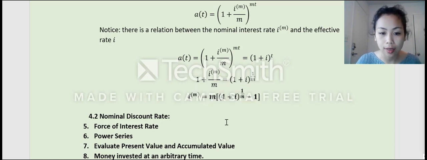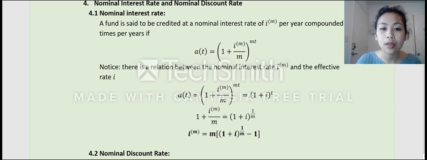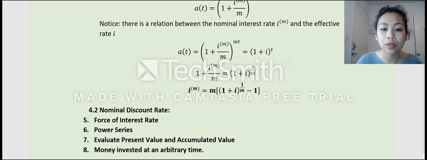Next, nominal discount rate. Similar to nominal interest rates, we also have a nominal discount rate.